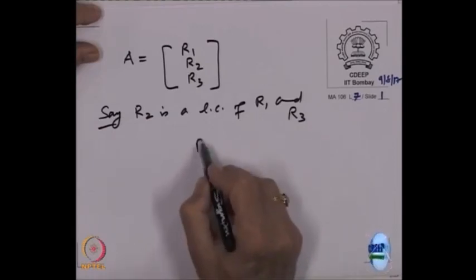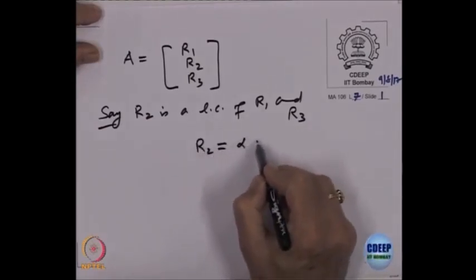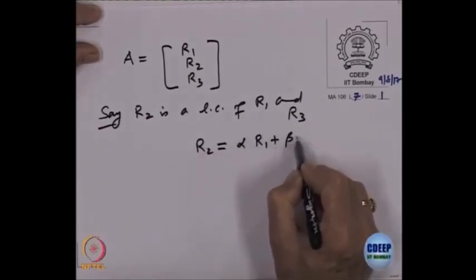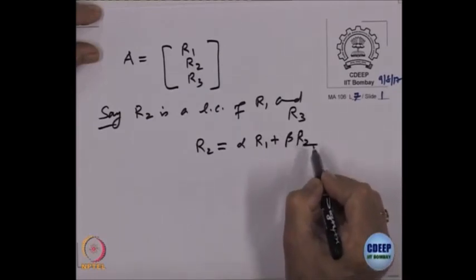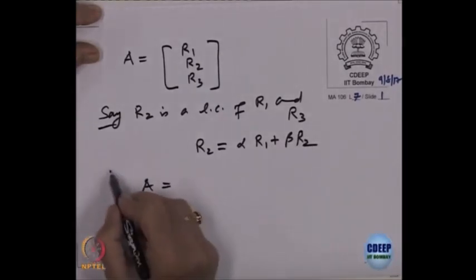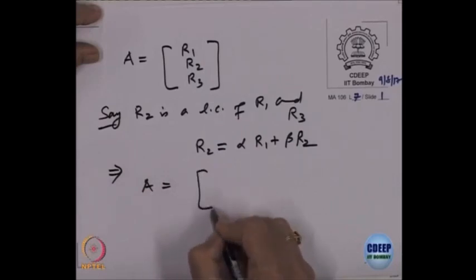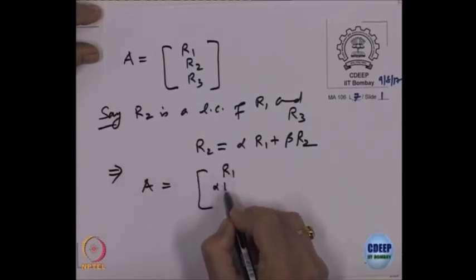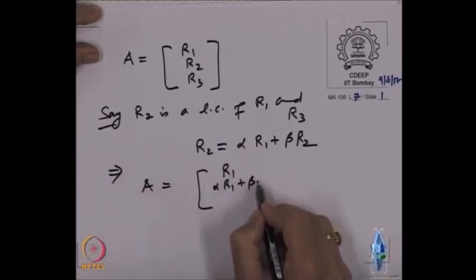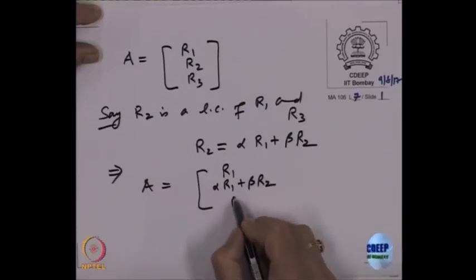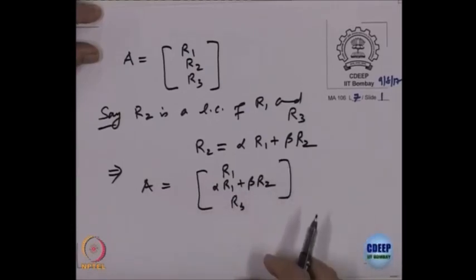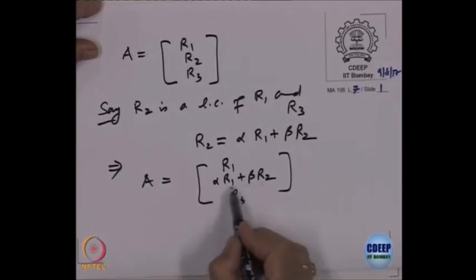So, what is R2 equal to? Alpha R1 plus beta R3. So, what is A equal to? A is the matrix with rows R1, alpha R1 plus beta R3, R3, right. So, here a linear combination is coming.